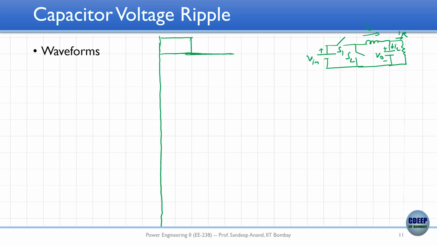In the previous case, we only have drawn till IL. We did not draw the individual output currents. Now we will try to even do that, right, as a next step. So this is TS, this is DTS, S1 on, S1 off.